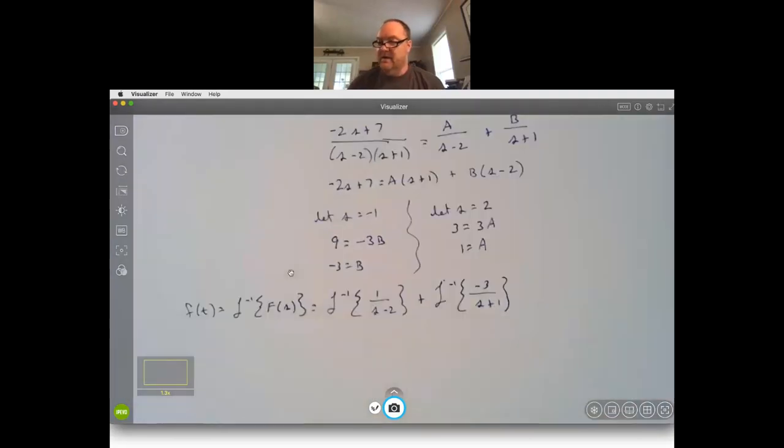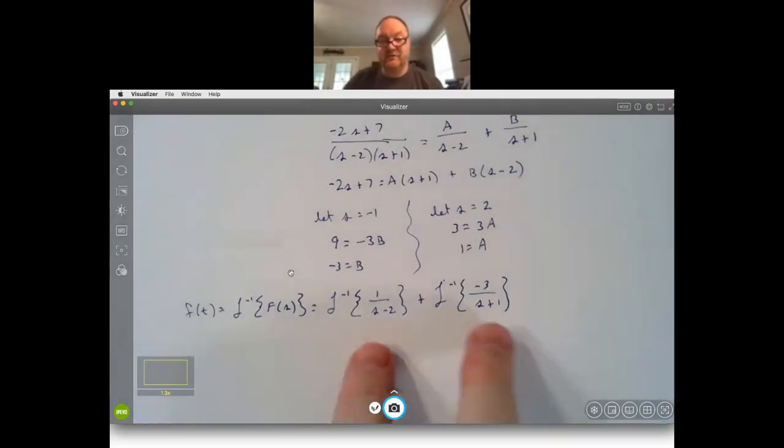All right, so you can't see my whole piece of paper, but this piece is exactly what I had above the partial fractions. And so I used partial fractions to get it to be something that I could transform back.